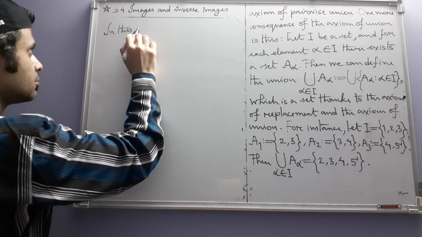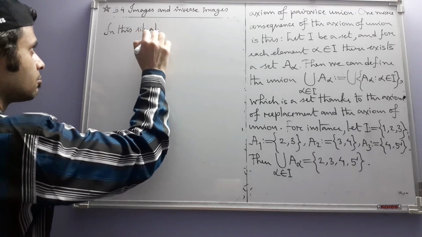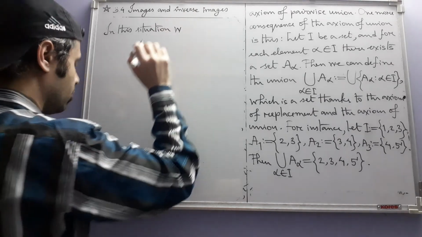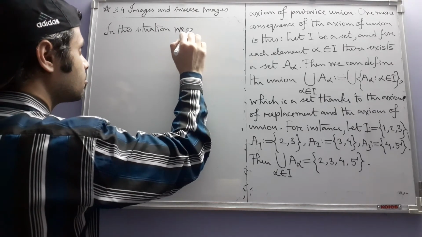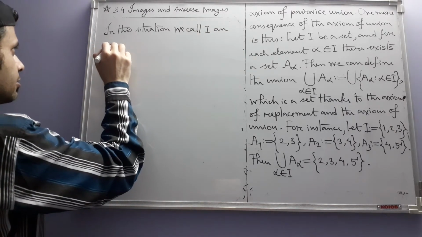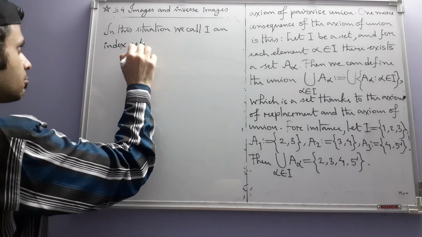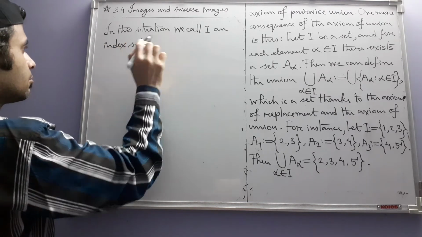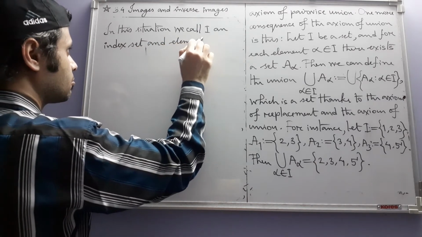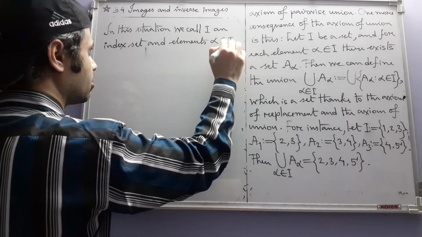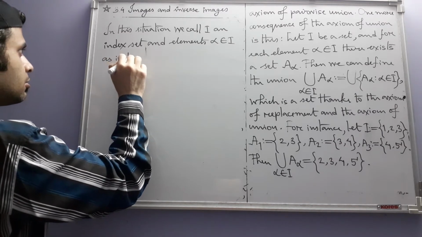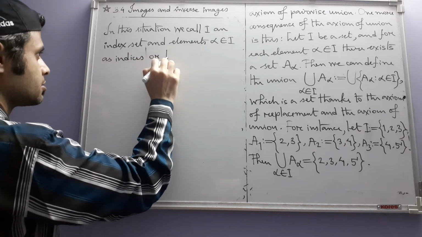In this situation, we call I an index set and elements alpha belonging to I indices or labels.